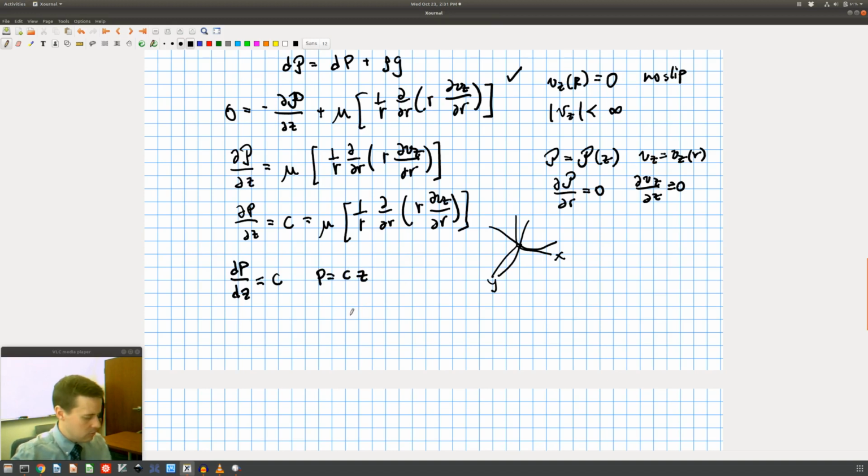Well, this is a constant, and I can figure that out from what I said before. I said that p at 0 was equal to p0, and p at L was equal to pL. So I plug those in here, and p at 0 is going to equal c times 0. So that just tells me that's 0.